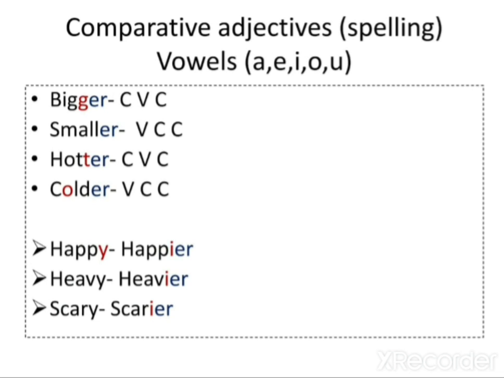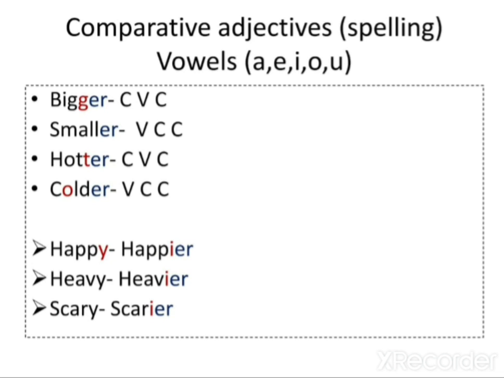So because we have consonant, vowel, consonant, I needed to add another letter, and this letter is the same as the one before it. So I add another T. So bigger, we have two G's when we spell it. Hotter, we have two T's, and it is because of this consonant, vowel, consonant structure or rule for spellings.